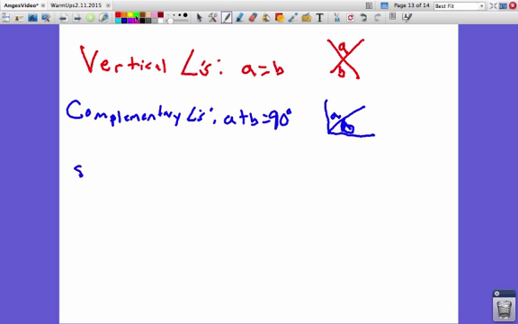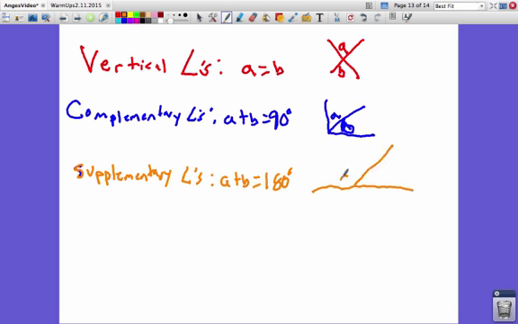I want to do that in orange, not blue. A plus B equals 180 degrees. Got a straight line, split it like that. Here's A, here's B. Add these two things together, we get 180 degrees.